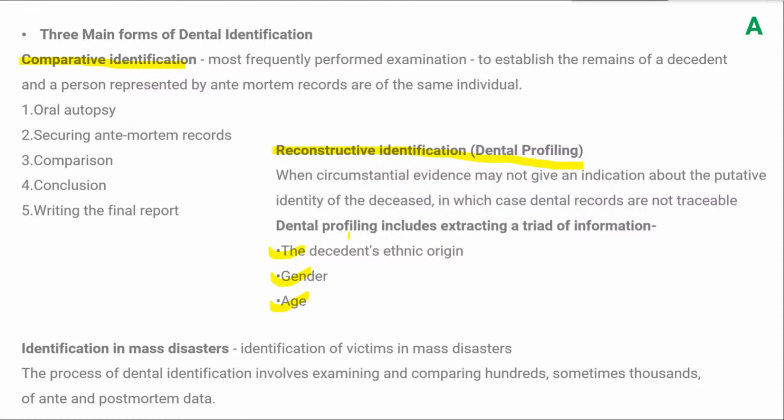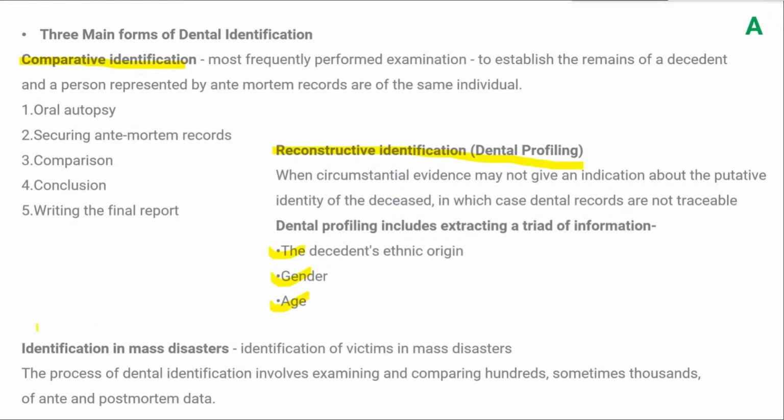Based on this only, we do the dental profiling or reconstructive identification. Based on this, we give a provisional report saying this could have been the identity of the deceased, because we don't have any previous records that we can compare and match. So that is reconstructive identification, also known as dental profile.